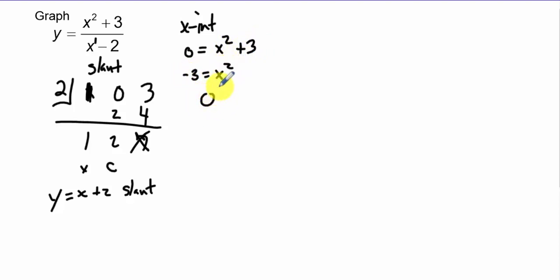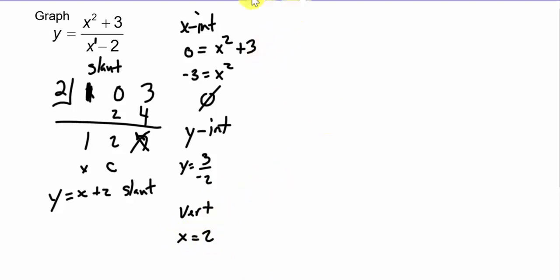That's never going to happen, so there are no x-intercepts. When I want to find my y-intercept, I set x equal to 0, and in that case, I get -3 halves. And then we'll have a vertical asymptote, which we find by setting the denominator equal to 0, and that's when x equals 2.